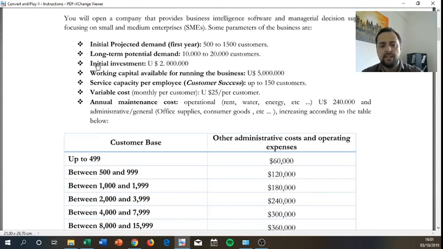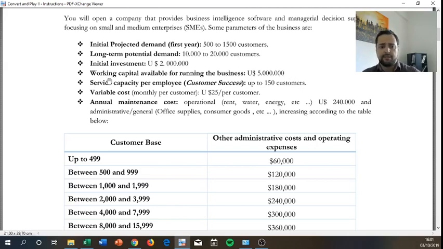You invested $2 million at the beginning of the simulation just to develop the software and also to prepare the company to start selling the products and services. And also you have $5 million in the bank to spend, and you need that money to keep the company running, to pay for the employees, and you have fixed costs and variable costs, and many other costs in the company.